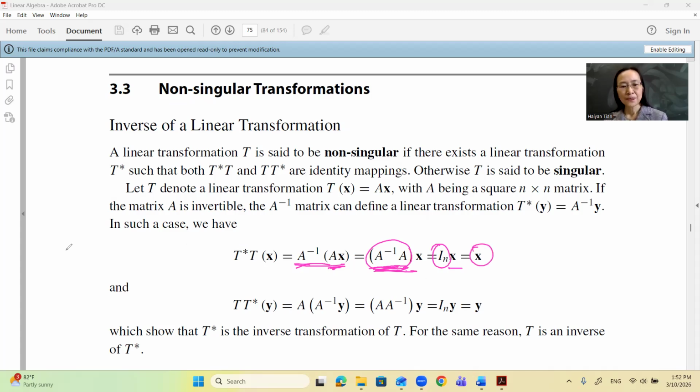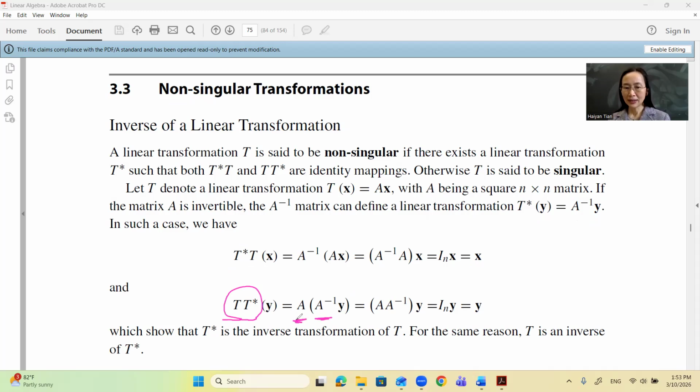So that shows if T star is defined by the A inverse, then T star times T will be an identity mapping. Similarly, we can verify that T T star is also identity because T star is defined by A inverse.